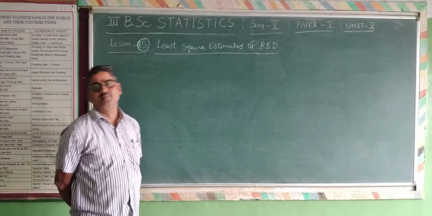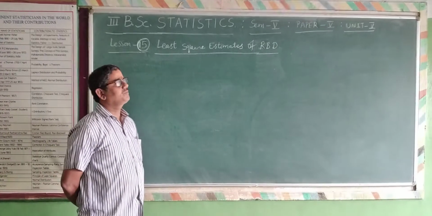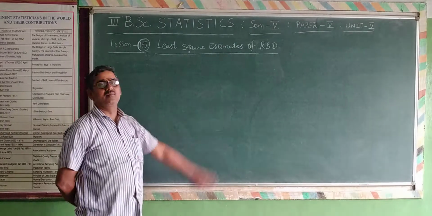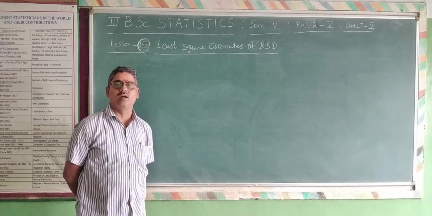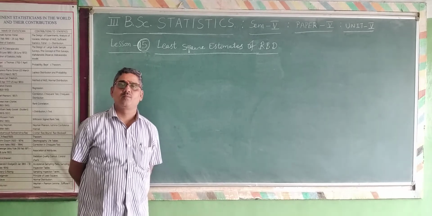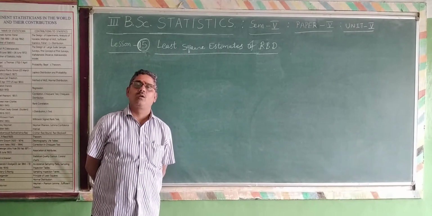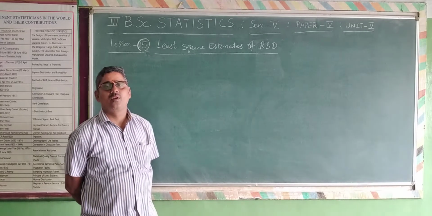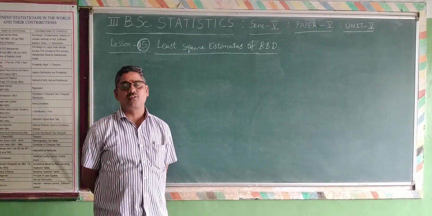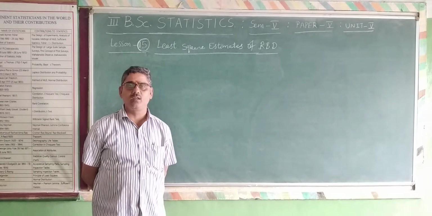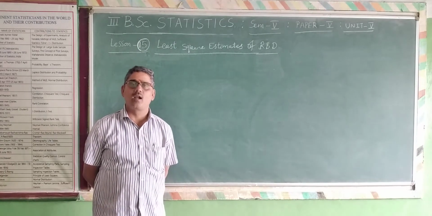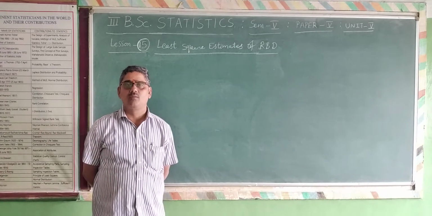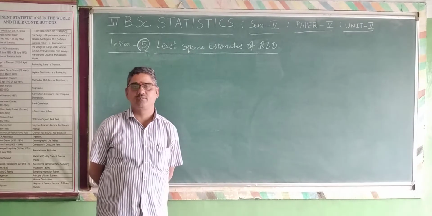In this lesson, we discuss least square estimates of randomized block design (RBD). The least square estimates means we have to estimate the parameters mu, alpha i and beta j in randomized block design by using the principle of least squares.